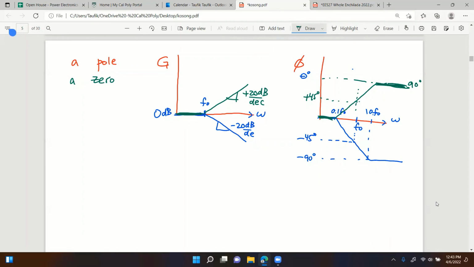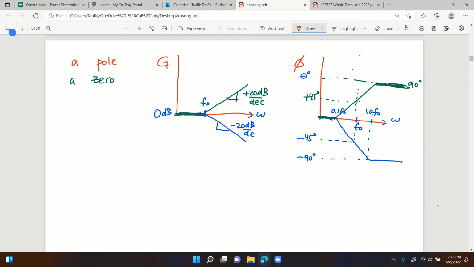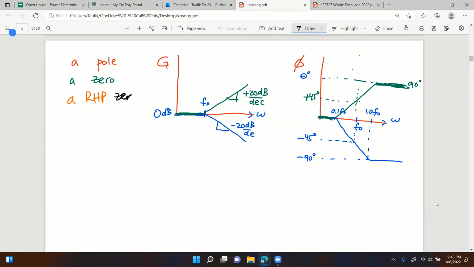Now, what about the right half plane zero? It would have the same gain as a zero. So it's going to be exactly the same as this, right? Just like a zero. However, the angle follows that of a pole.